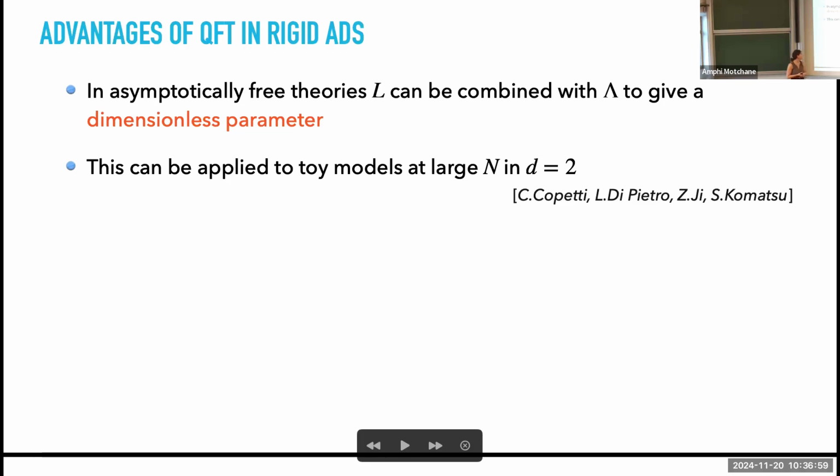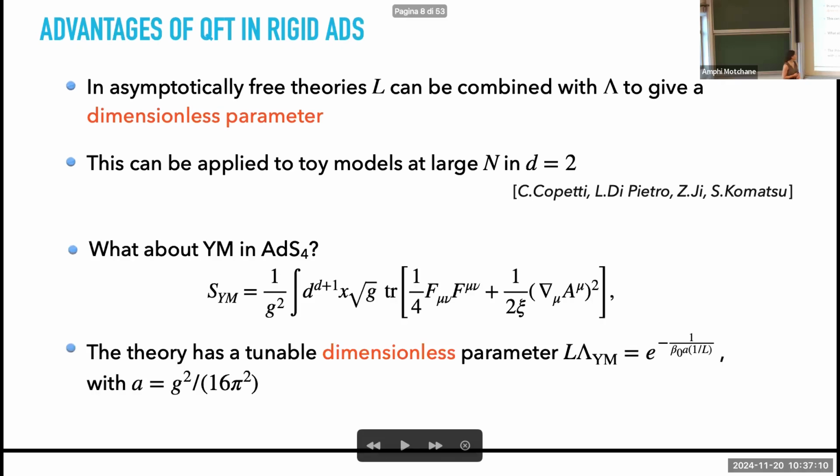This was first applied for large N models in D equal to 2 by Copetti, Di Pietro, Ji, and Komatsu. We want to apply the same idea to Yang-Mills theories.